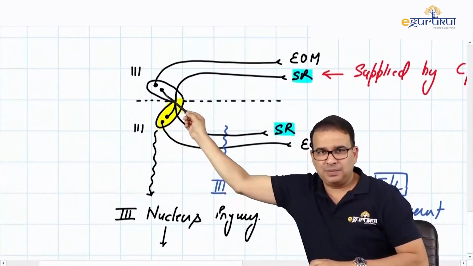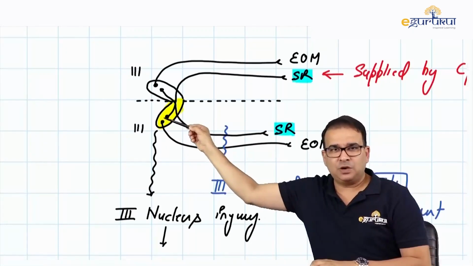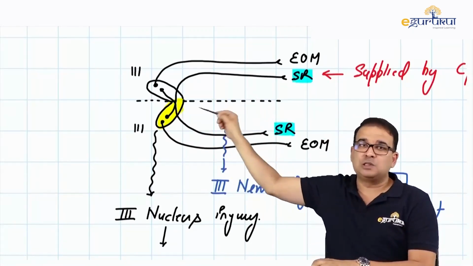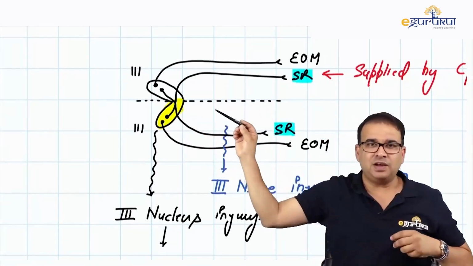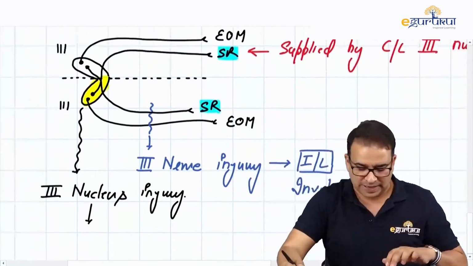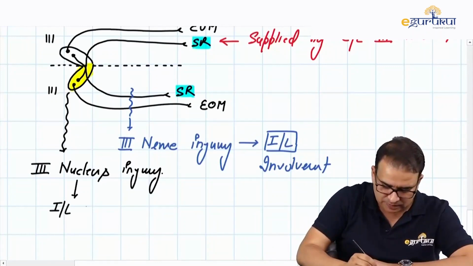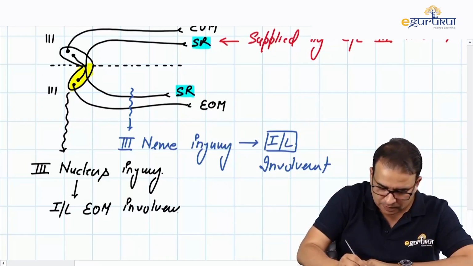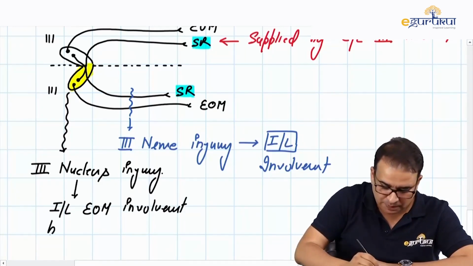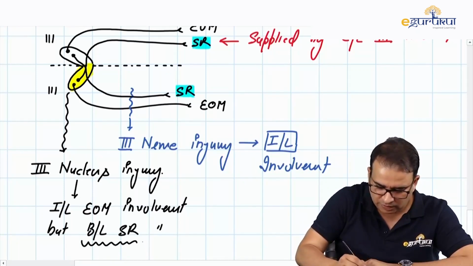If you look at these fibers, they're coming on this side only and then coming out. So they are affected. And the ones which are originating here and going on to the other side are also affected. So despite having an injury to only one side, superior rectus involvement will be there on both sides. So that's the point here, that we have ipsilateral extraocular muscle involvement, but bilateral superior rectus involvement will be there.